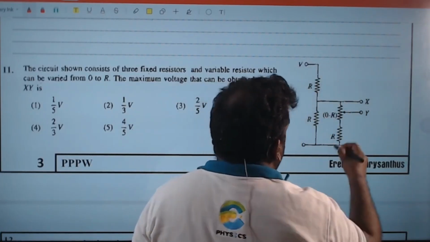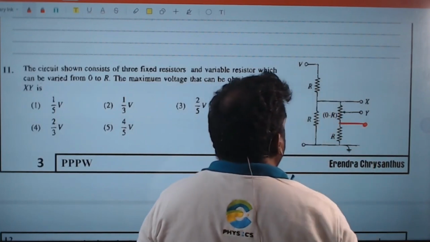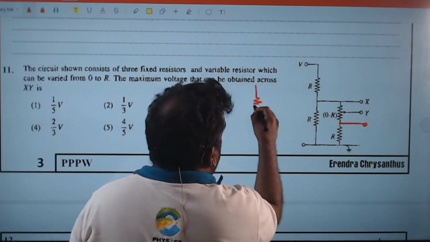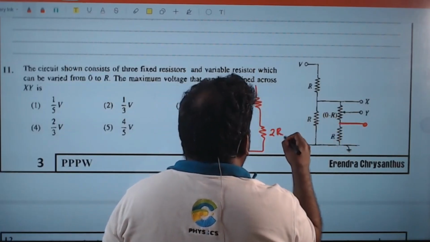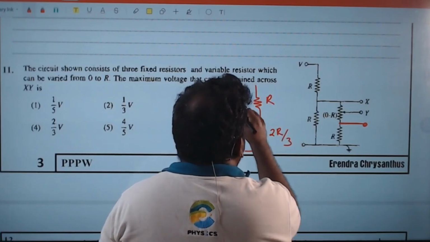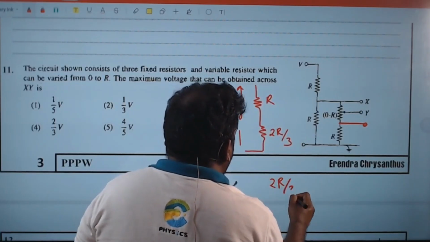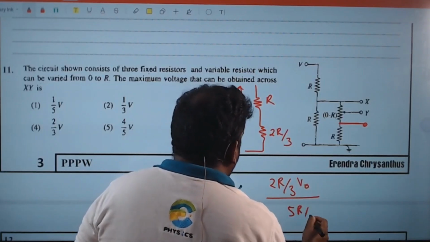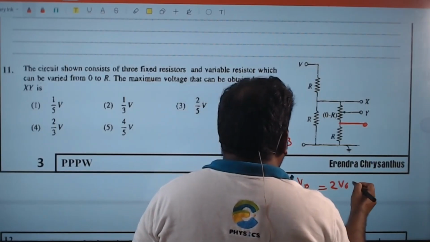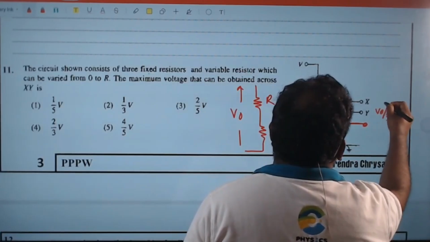So if you keep it here, Y, R, R. So you will get R, 2R, 2R over 3, R. Voltage V0. 2R over 3 times V0 divided by 5R over 3 gives 2 V0 over 5. 2 V0 over 5 means V0 over 5 here.